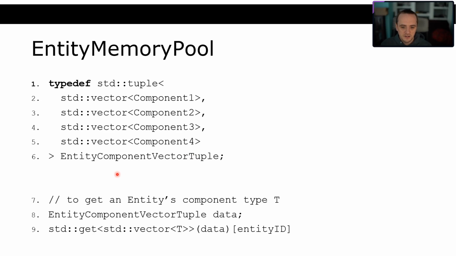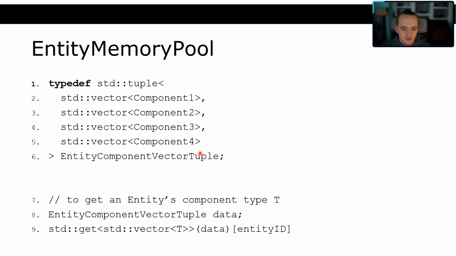Okay, so now inside the memory pool, we're going to initialize this data structure called entity component vector tuple, and we'll just call it data. It's our big memory pool data. And then if we want to get, for example, the vector of component 3, it's super easy. We do it just the same way we've been doing it before, except now we have to call standard vector.